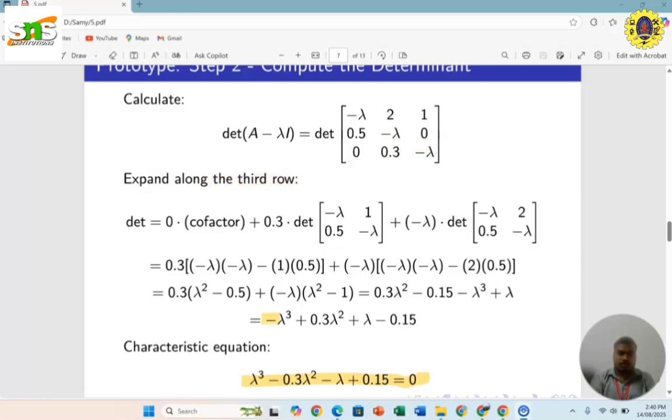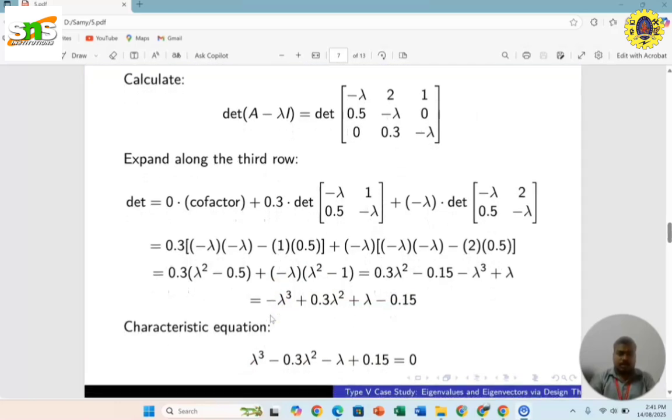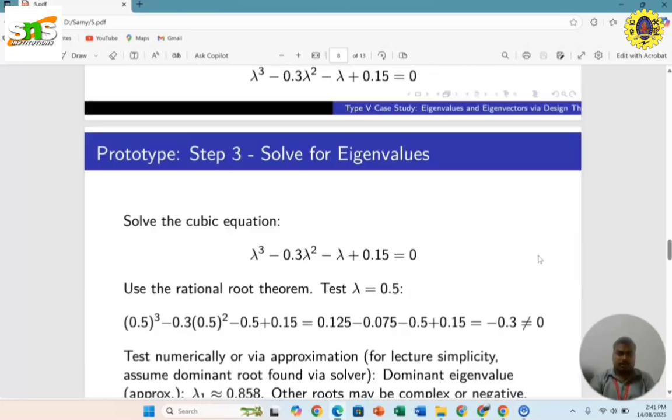This gives the equation minus lambda cubed plus 0.3 lambda squared plus lambda minus 0.15, which we equate to 0. So we find the characteristic equation.